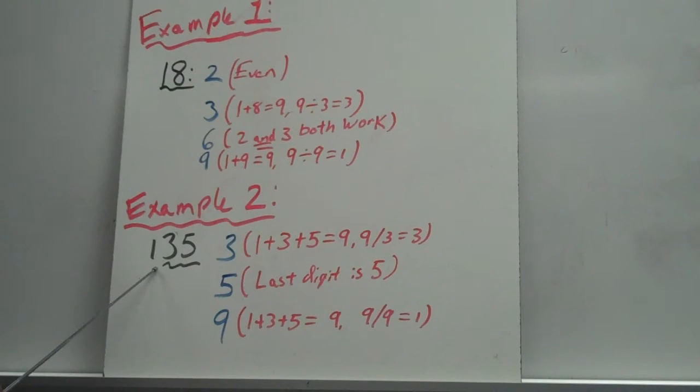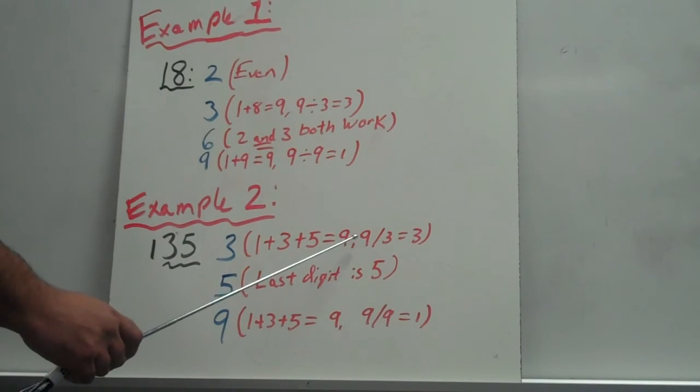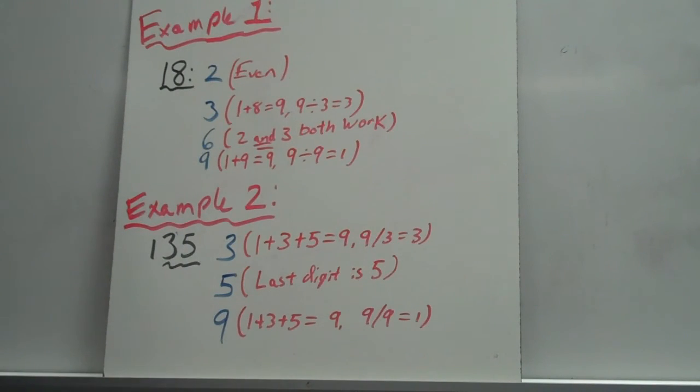If we look at the number in example 2, which is 135, 3 goes into 135 because if we take 1 and 3, that's 4, plus 5, that's 9, and 9 divided by 3 equals 3. So 3 works.